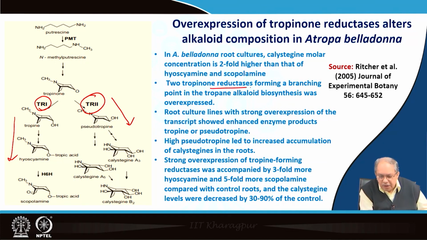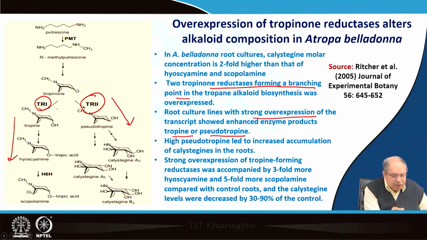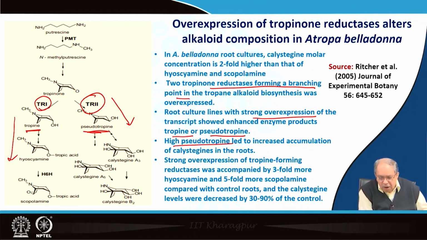Tropinone reductase is basically the branching point enzyme, and in root culture, which shows strong expression, it produces either tropine or pseudotropine. When TR1 is expressed, it will produce tropine, which can be detected. When TR2 is expressed, pseudotropine is detected, and as a result they found a higher level of calystegine.